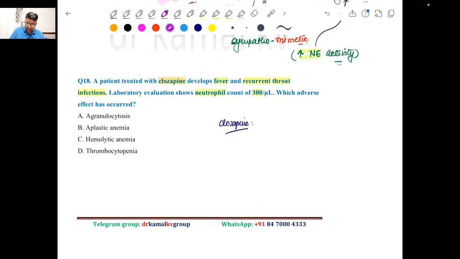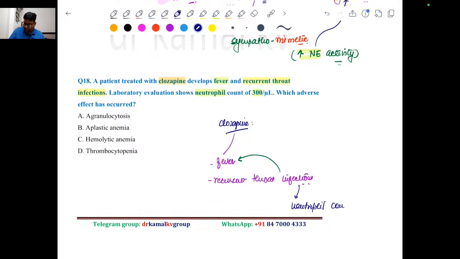Clozapine causing fever and recurrent throat infections, right? So obviously fever is because of this. So what has happened here, the neutrophil count is low, and that is agranulocytosis.